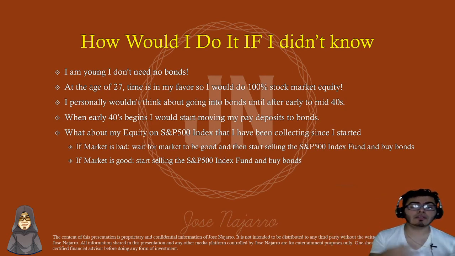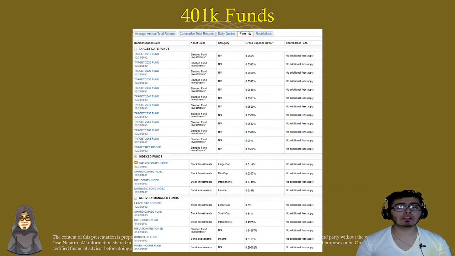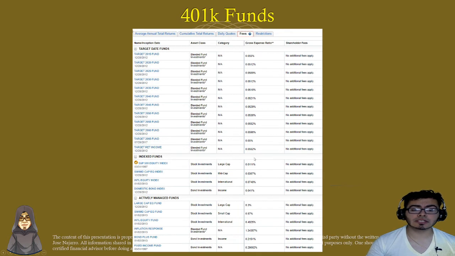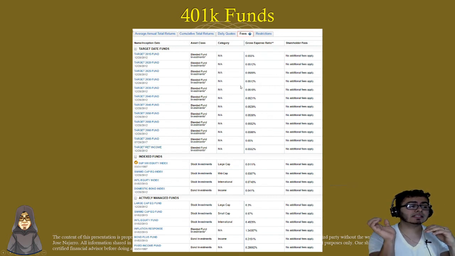If I didn't know that, what I would actually start doing is, instead of putting it in bonds, I would start putting all my money, all my paychecks, once I hit 40, I would clear 100% of my S&P 500 and put 100% into my target fund, because I know my target fund is investing into bonds as well, depending on my age.